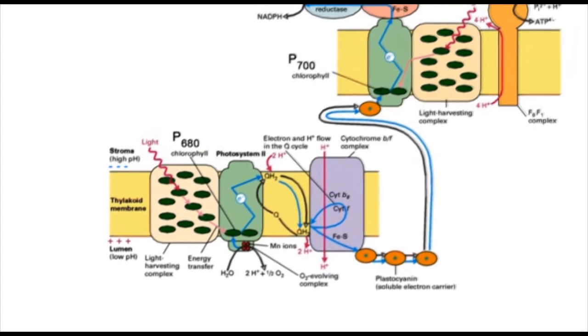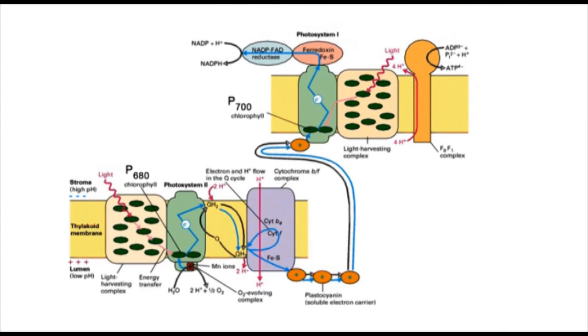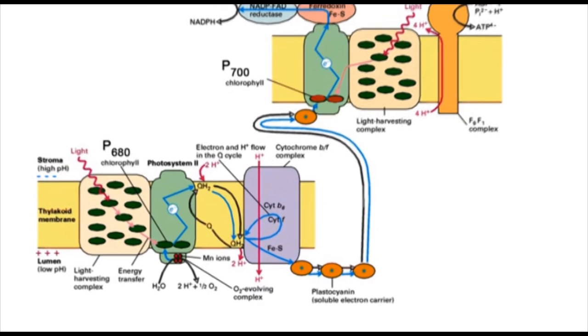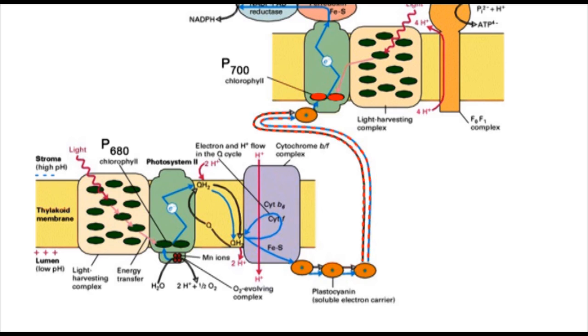As in PS2, the absorption of a photon by P700 in PS1 leads to the removal of an electron. The resulting oxidized chlorophyll, P700+, is reduced by an electron passed from PS2 via soluble plastocyanin.